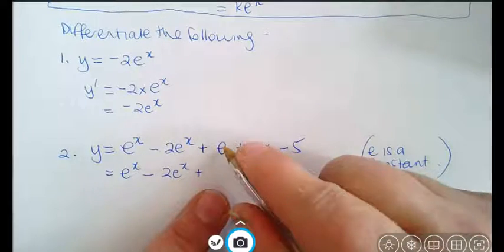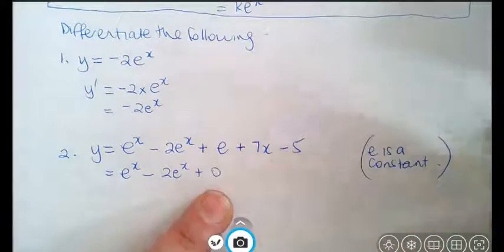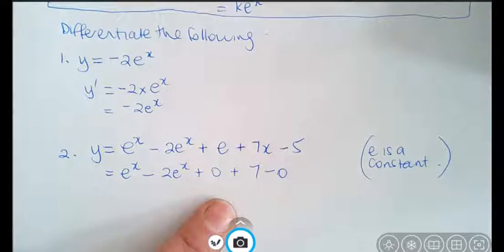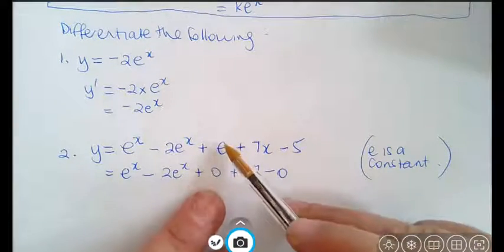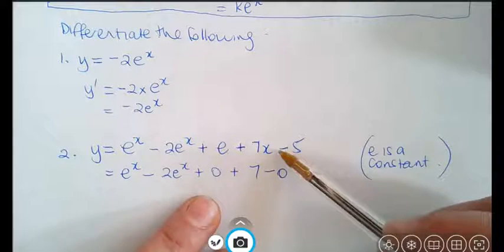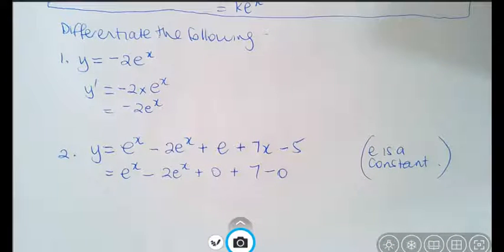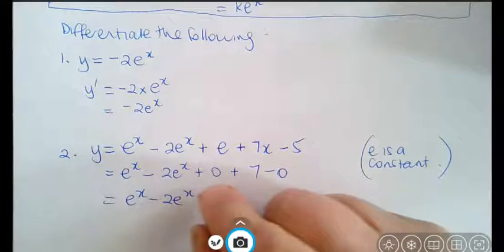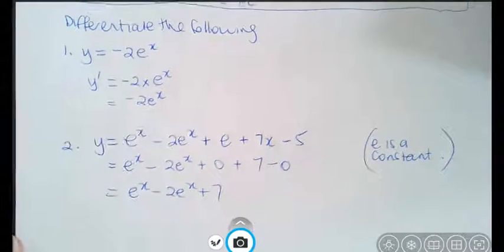If you differentiate a constant, you get 0. So plus 0, plus 7, minus 0. If you differentiate 7x, you get 7. So what do I get here? e to the x minus 2e to the x plus 7.